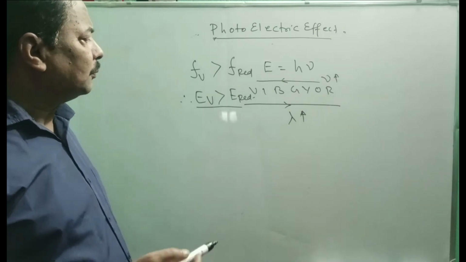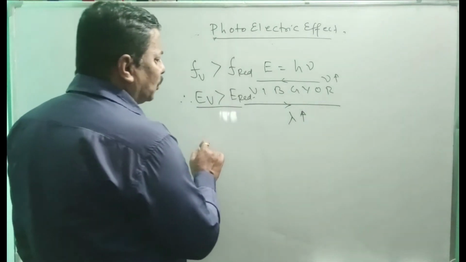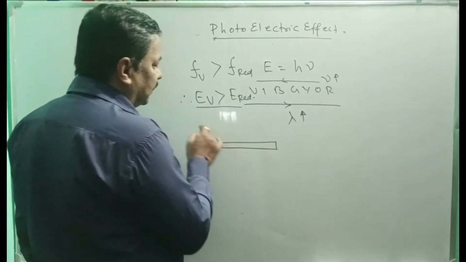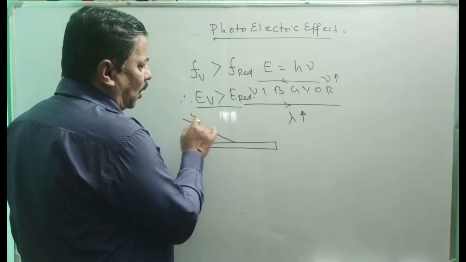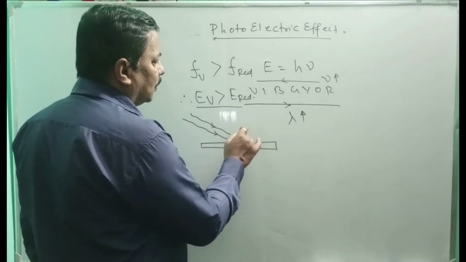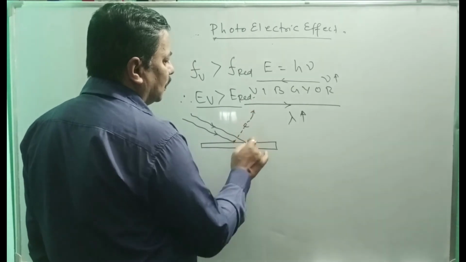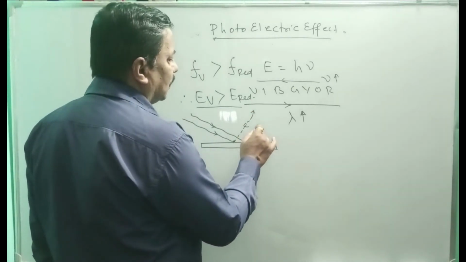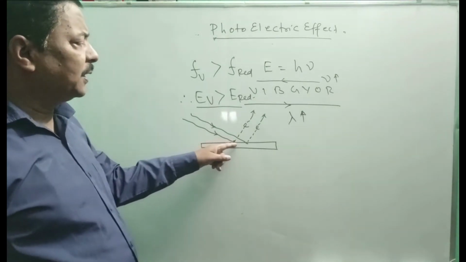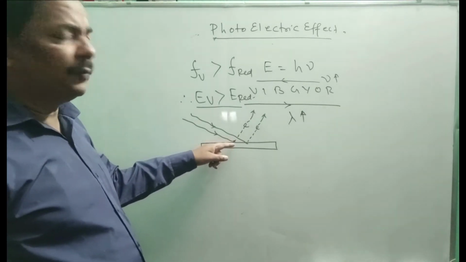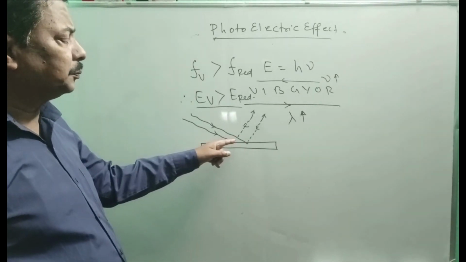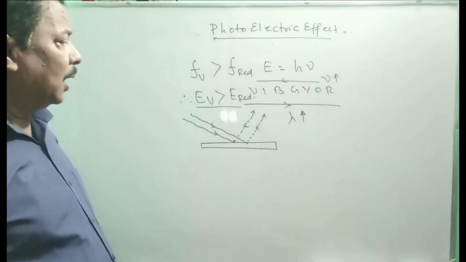Now, when we are talking about the photoelectric effect on a metal surface, the energy is sufficient enough to release this electron.